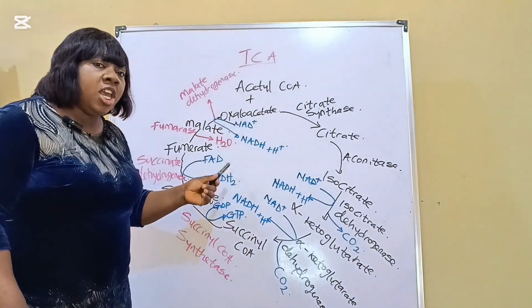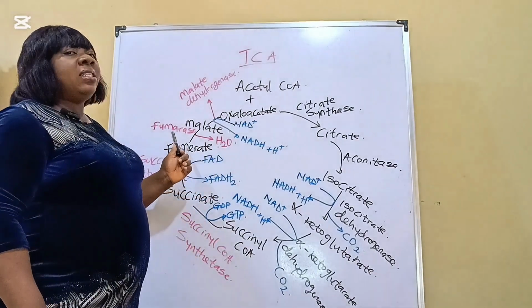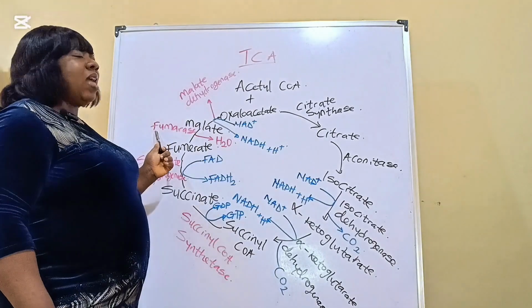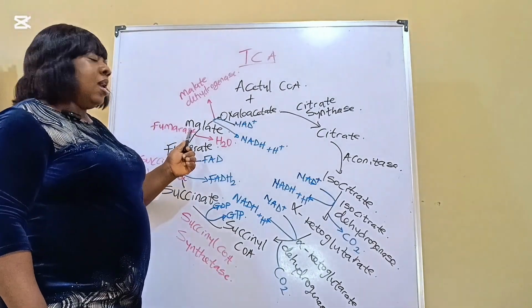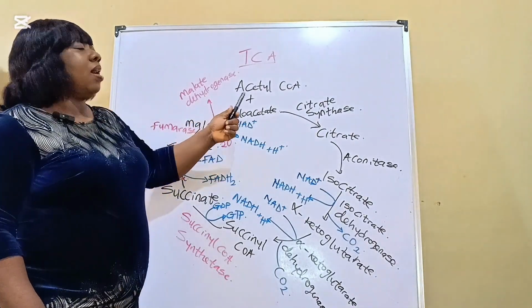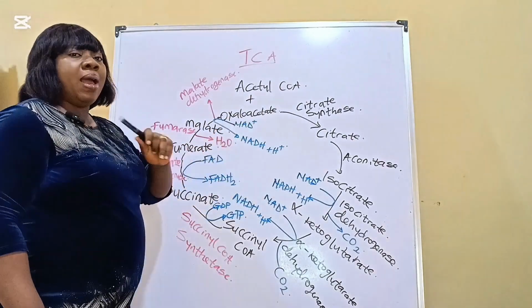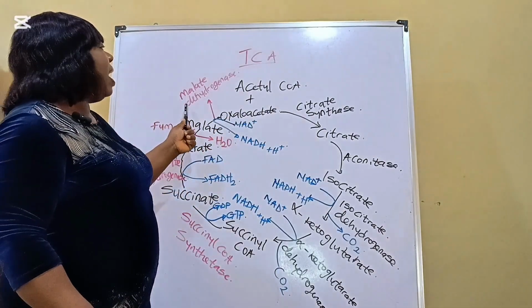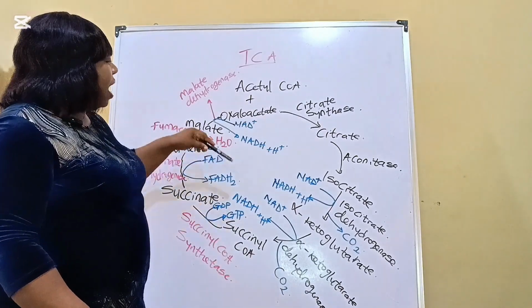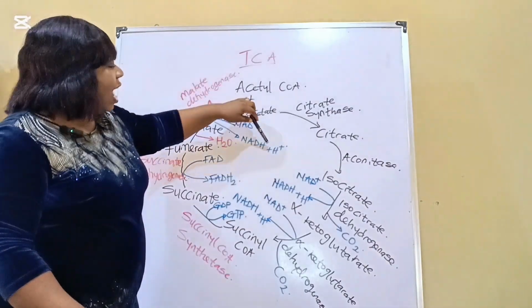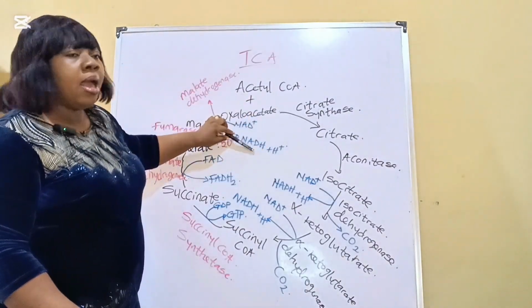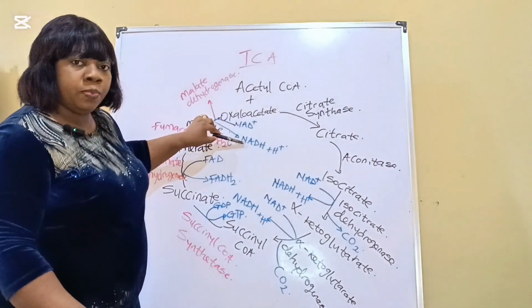Then fumarate gives us malate with the help of our enzyme fumarase. Malate is now converted back to oxaloacetate, where we started from, and the enzyme that catalyzes that reaction is malate dehydrogenase. And here also another electron carrier is being produced.